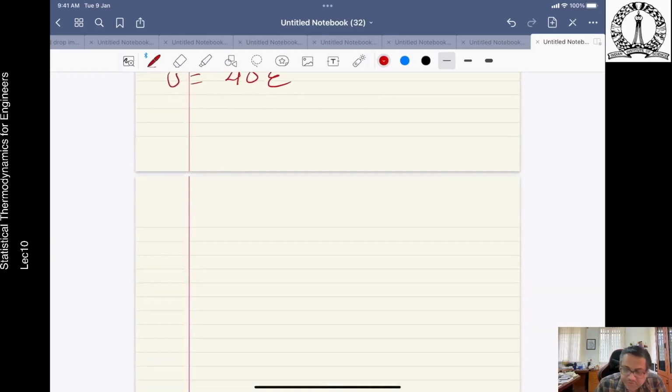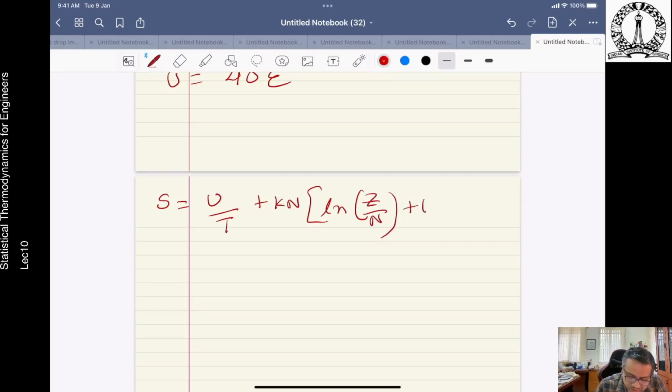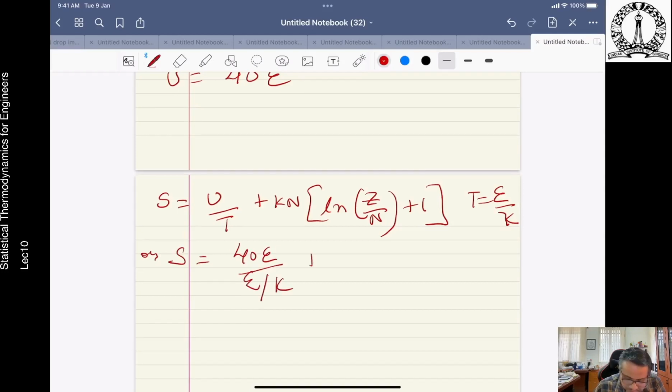Similarly, if we go to the next one, you will find that S is equal to U over T plus kn ln z over n plus 1, T is equal to epsilon by k. Or S is equal to 40e by k plus k into 50 ln 683 divided by 50 plus 1.